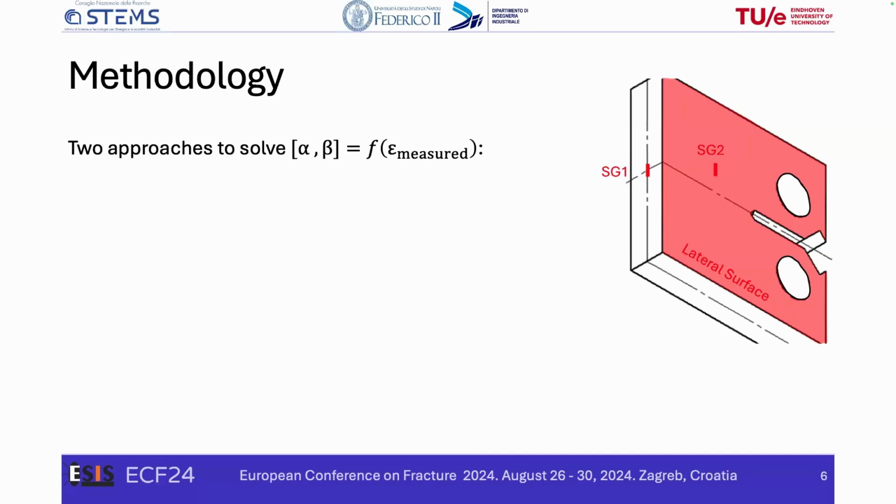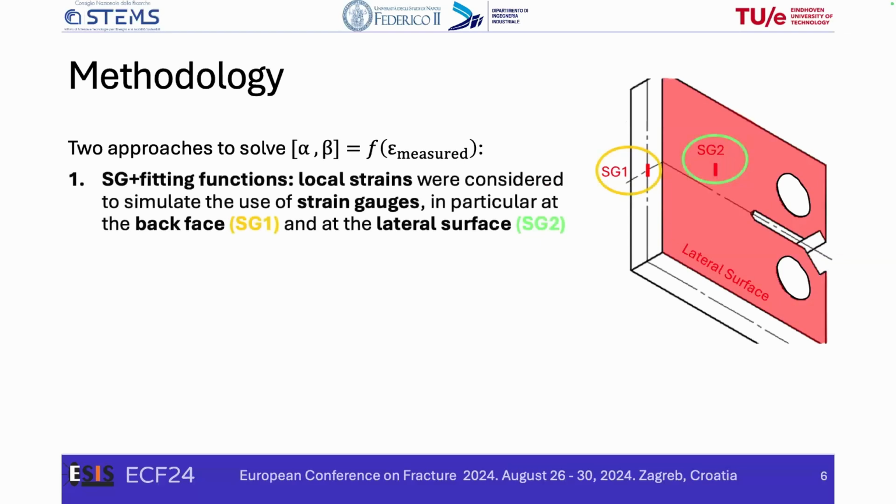Therefore, our objective is to establish a methodology to extrapolate normalized crack length and predict the crack tunneling condition based on the strain measurements. And in particular, we investigated two approaches. These approaches aim to be scaled in laboratory environment, and therefore they are the following.